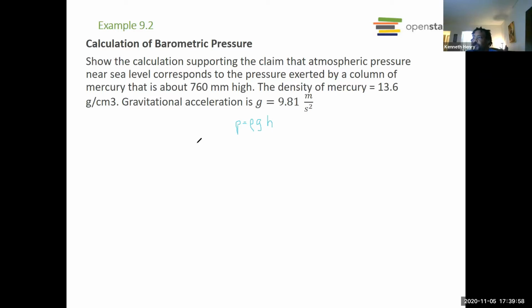Okay, so a couple things you may need to know. The units of measurement for pascal. We said it's Newton per meter squared.